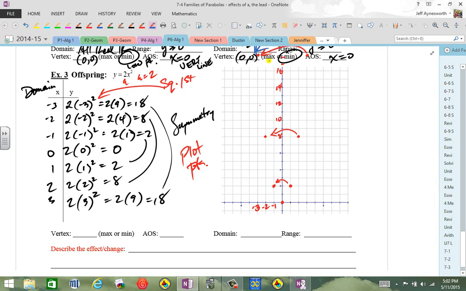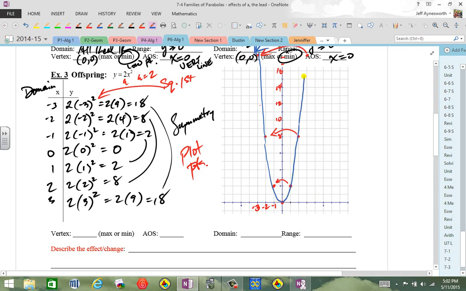So let's do that. You got to put the sound effects in. No, no, no, no. Okay. There we go. There is y equals 2x squared. Okay?